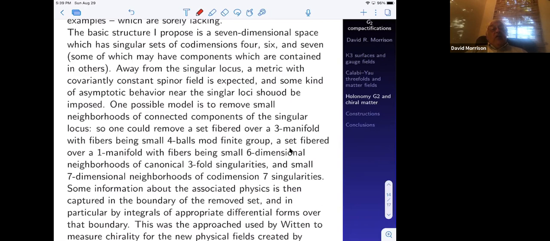Away from the singular locus, I should have a metric with a covariantly constant spinor field. And that spinor field should have reasonable behavior near the singular locus so that it can be interpreted as the along-the-fiber spinor component of the spinor when I'm doing the reduction down to a supersymmetric theory in lower dimension.